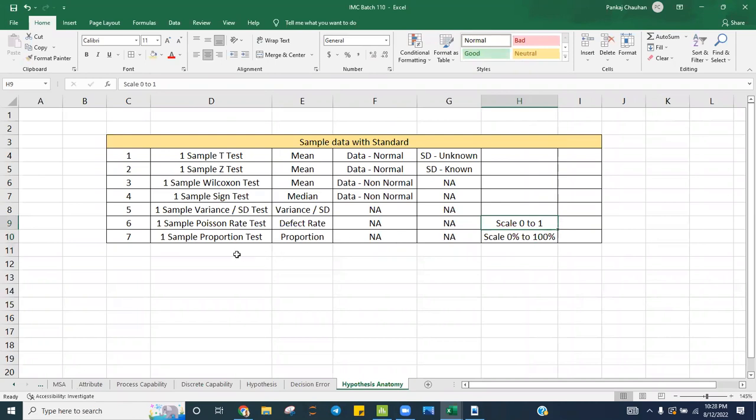When you use the same thing in the proportion, the scale of comparison will be 0% to 100%, because percentage is always 0 to 100. While the defect rate, the same percentage, you can call as 0 to 1 as well. So when you want to see the result in the form of defect rate, your scale is 0 to 1. If you want to see the result in percentage, then the scale is 0 to 100%. Otherwise, there is no difference in these two tests. Both the tests are the same.